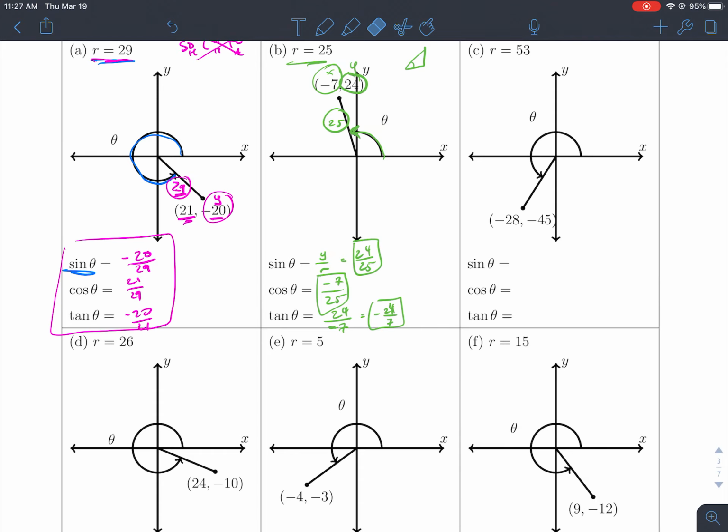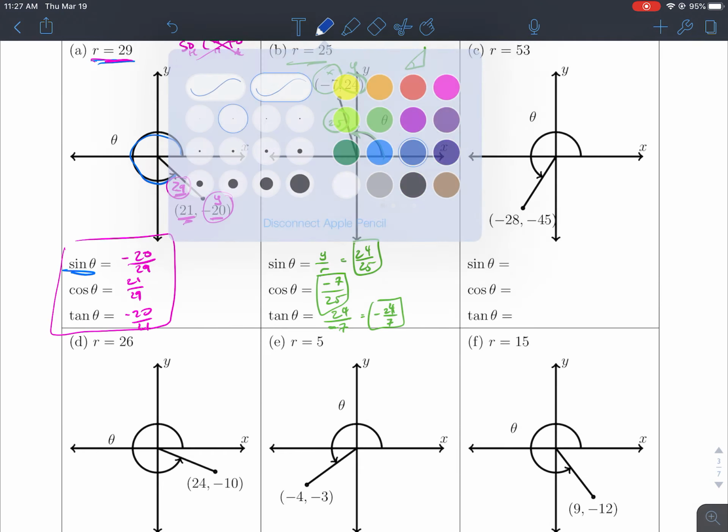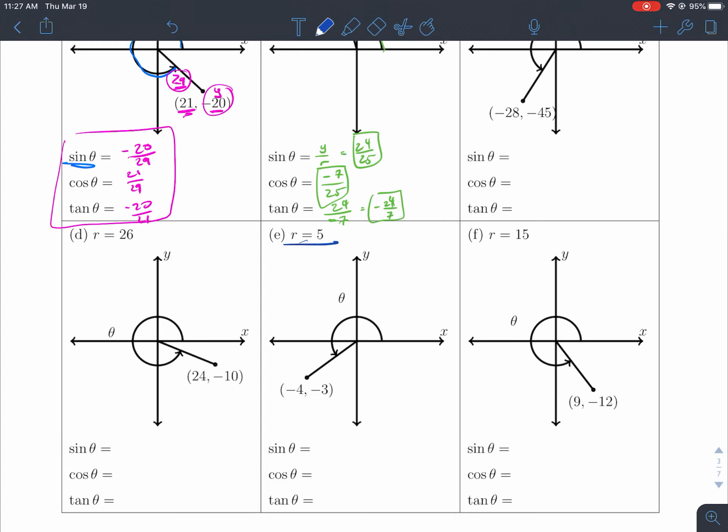So I think in particular, E is pretty interesting to look at, because here both coordinates are negative. So here r is 5, this is x, this is y. And so we're going to use our new formulas. Instead of opposite over hypotenuse, there's always the y coordinate over the r coordinate. Cosine was always x over r, and tangent was always y over x.